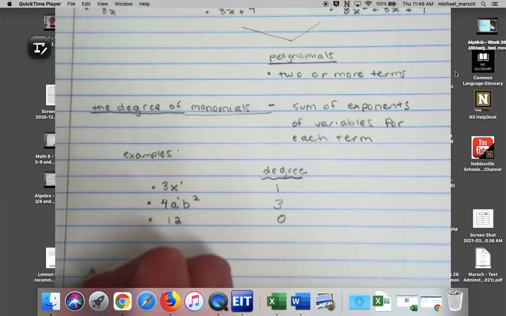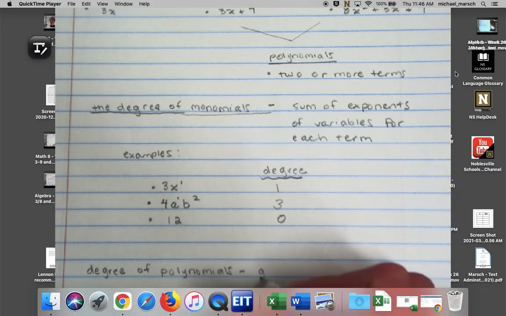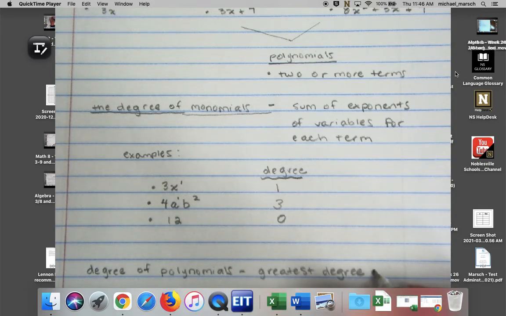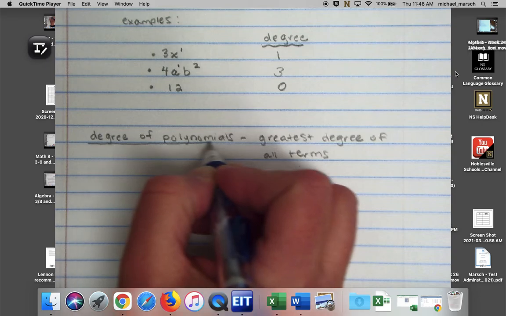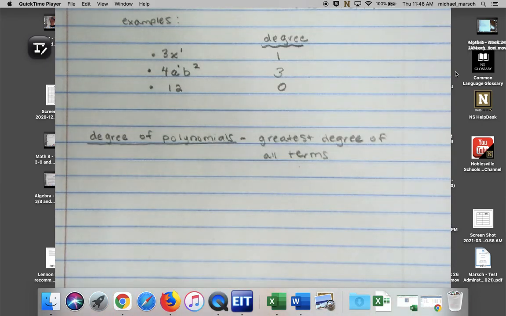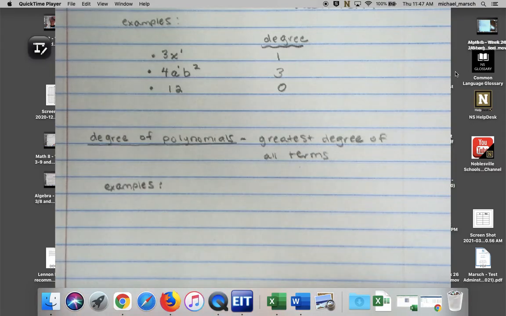So then the degree of polynomials is the greatest degree of all terms. So that sounds a little cryptic.